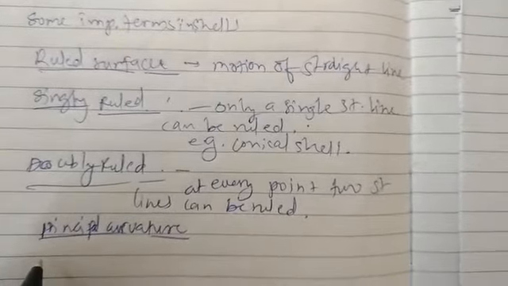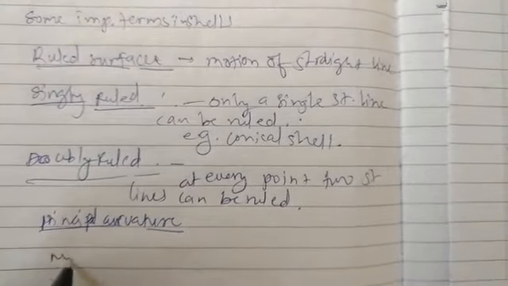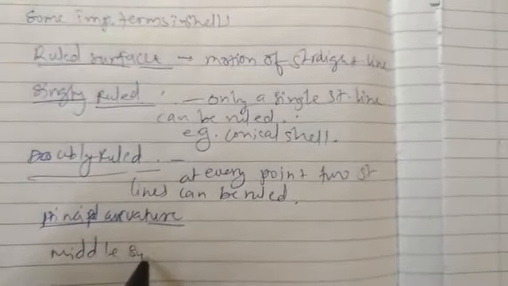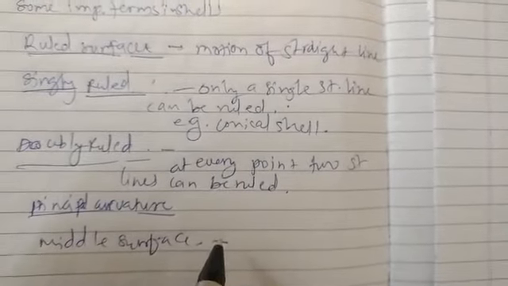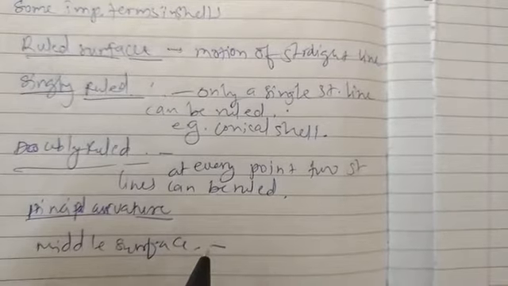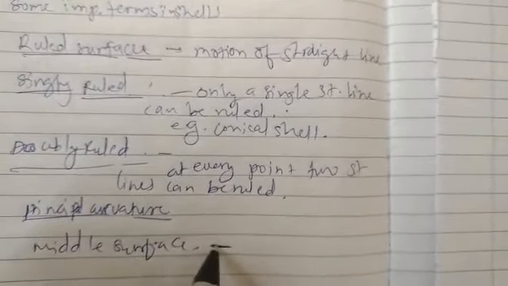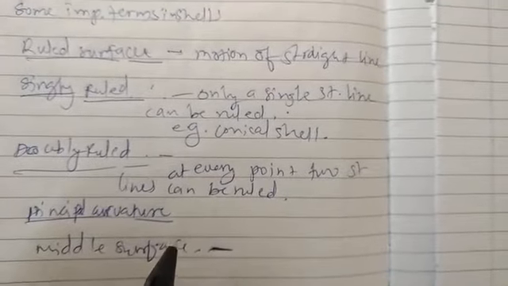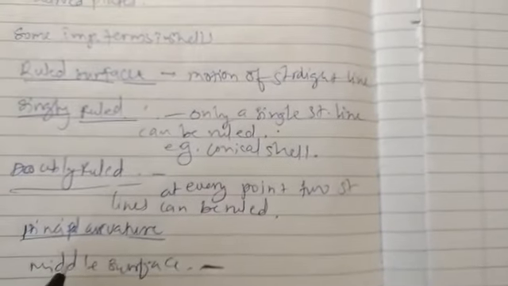Then next is middle surface, the surface that bisects the thickness of shell. The locus of points bisecting the thickness of shell is called the middle surface. You can say that it is the bisector plane of the shell.